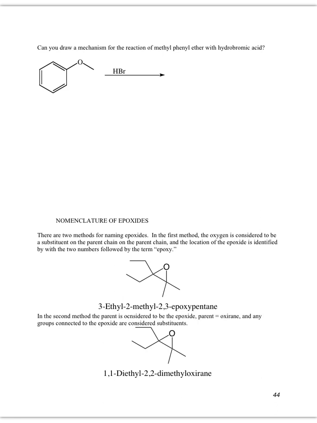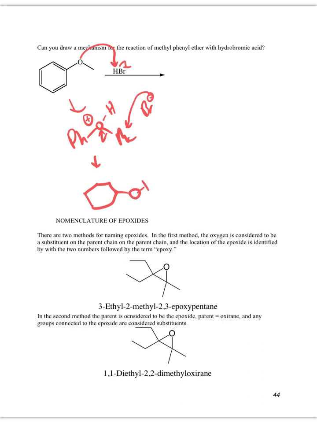So can we draw the mechanisms with methyl phenyl ether? So we can protonate it. We know the bromide can come in and attack the carbon of the methyl, kicking out the phenol.